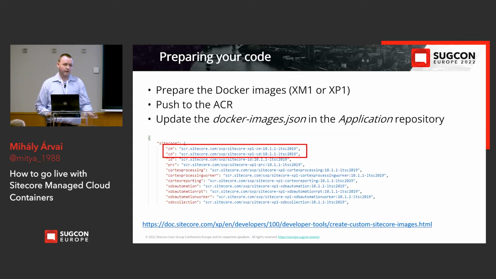This is the JSON file which contains the information about which images will be deployed to which pod. So by default, there are the Sitecore-based images, so you need to update those URLs to your container registry URLs. And after the next application pipeline run, Kubernetes will pull the new images and they will be deployed properly to the corresponding Kubernetes pod.